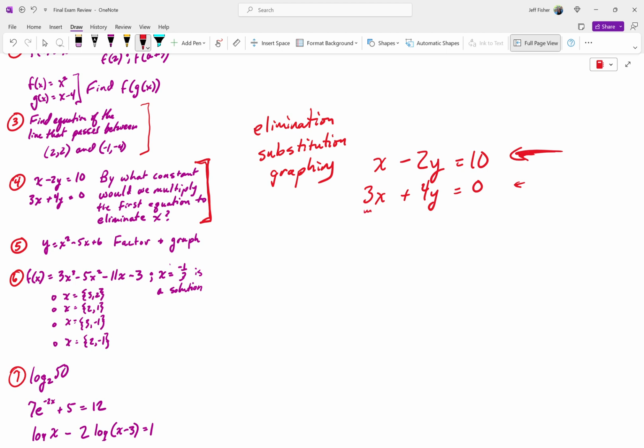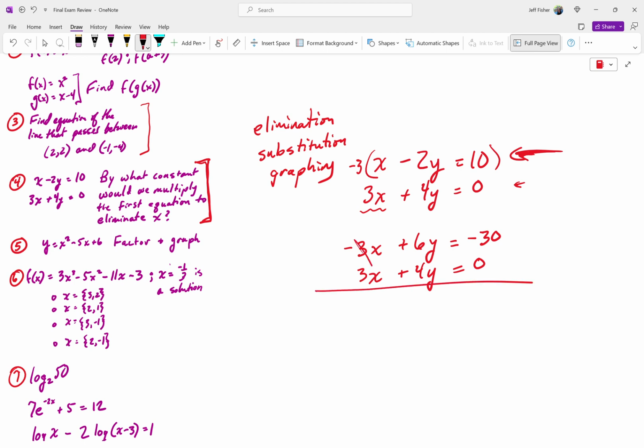Well, to eliminate the x value, the x term in the first equation needs to be a negative 3x. That means we would need to multiply the entire top equation by negative 3. So we would have at the top negative 3x plus 6y equals negative 30. And our bottom would stay the same, 3x plus 4y equals 0.